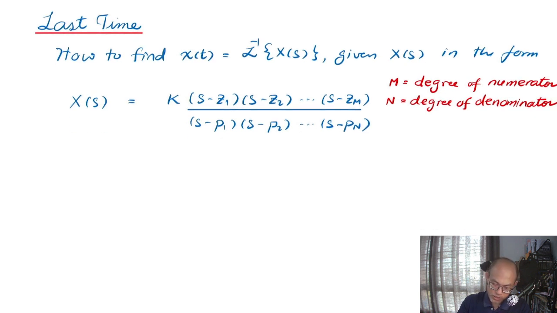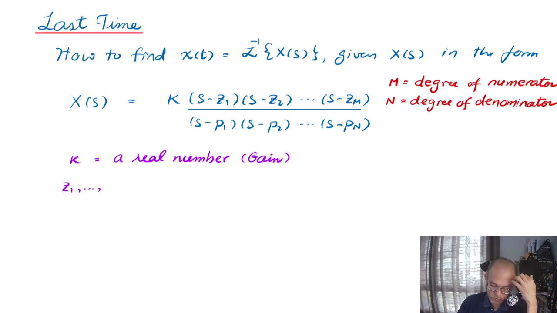In general, the K is a real number called the gain of X(s).